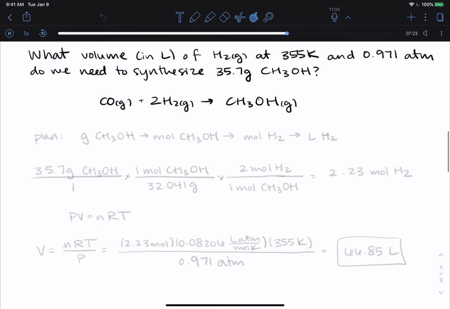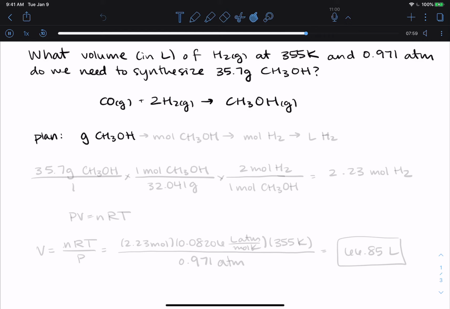Our sample problem says what volume in liters of H2 gas at 355 Kelvin and 0.971 atmospheres do we need to synthesize 35.7 grams of CH3OH, and we have the balanced reaction to work with. So in terms of a plan for thinking about what do we have, where do we need to go, we're starting with grams of CH3OH, and it's essentially asking me how much H2.